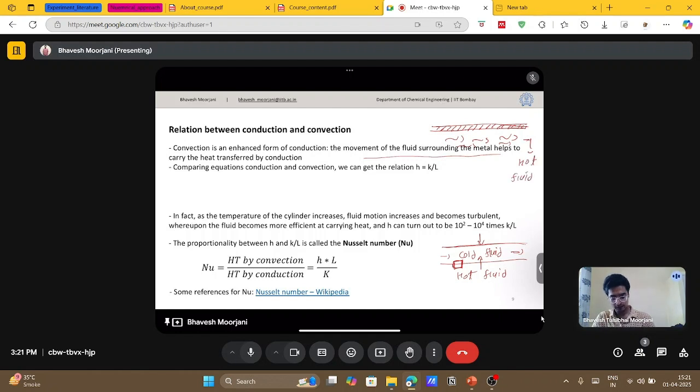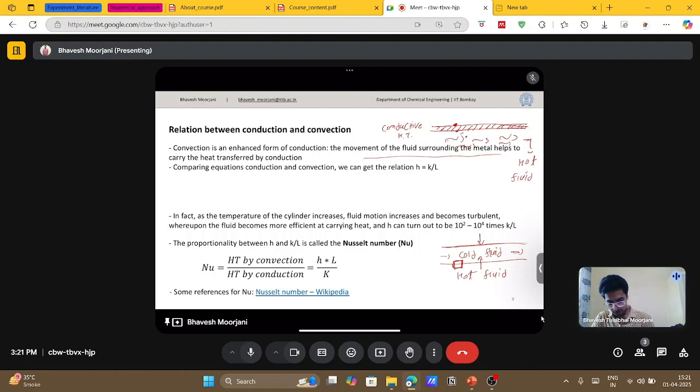Convective heat transfer will transfer heat within the fluid. Now from fluid to surface, from this point to this point, conductive heat transfer will happen, right, which will increase the temperature at the inner wall of your tube.